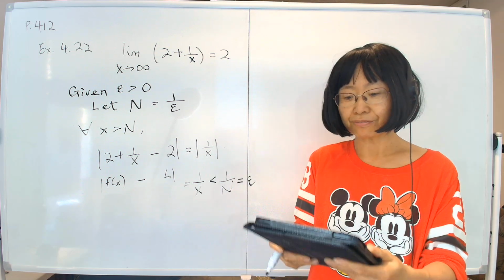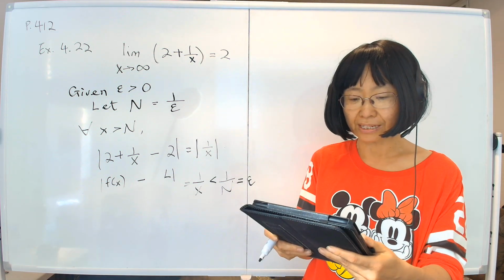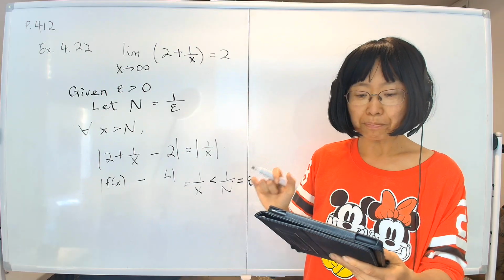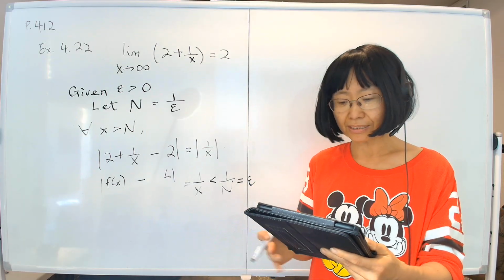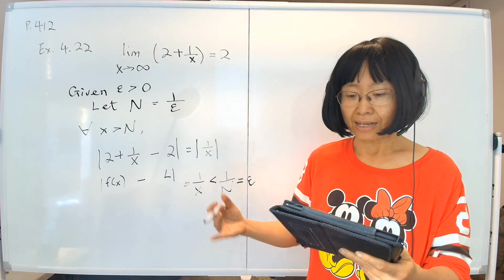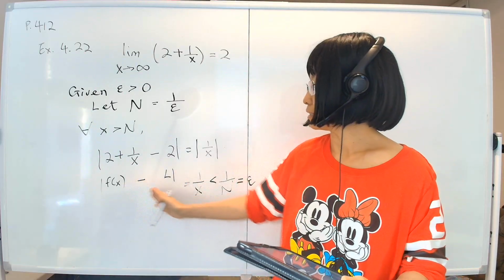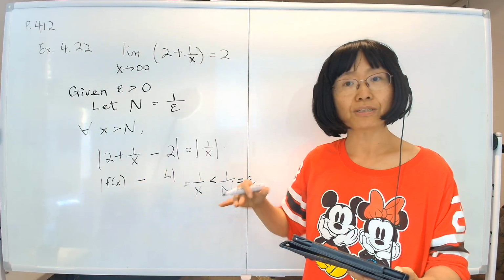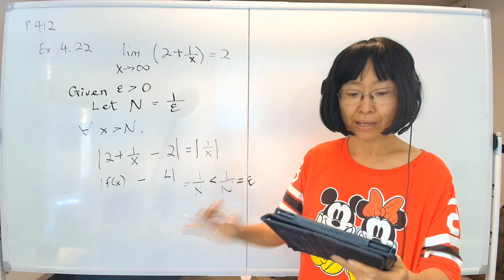And write limit of f of x as x approaches infinity equals infinity if for all M bigger than 0, there exists an N bigger than 0 such that f of x is bigger than M if x is bigger than N. In other words, instead of f of x being within distance epsilon, we're saying the value of f of x is going to be big, as big as you want.